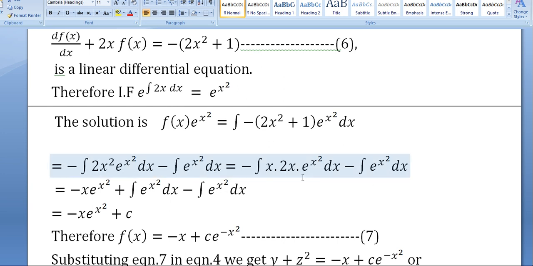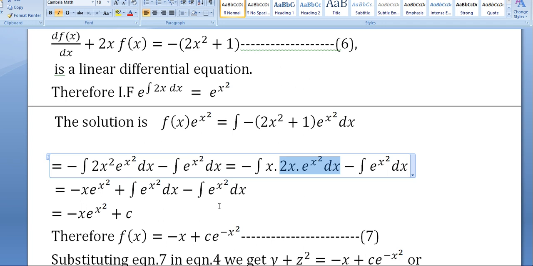In this integral, for the first term, we will apply integration by parts. I will keep x square as t. If I keep x square as t, 2x dx will become dt, and this is in the form of e power t dt, which is nothing but e power t, where t is x square. This whole term becomes a single integration for us now.